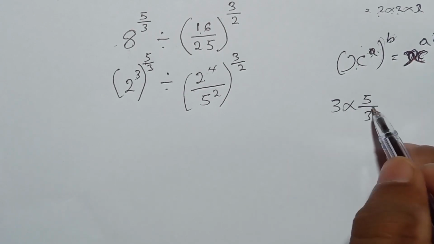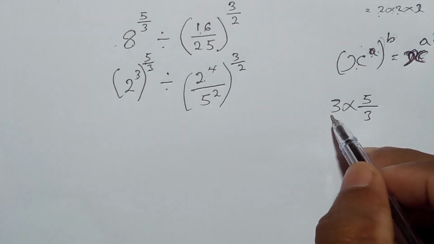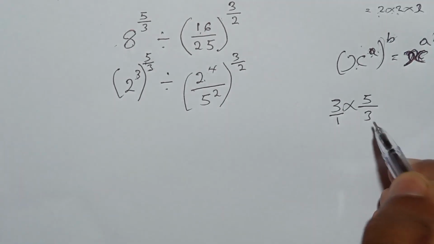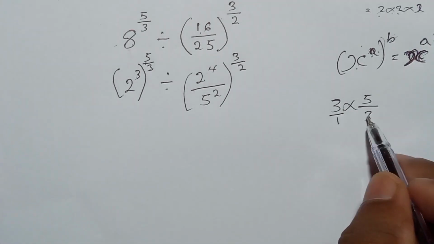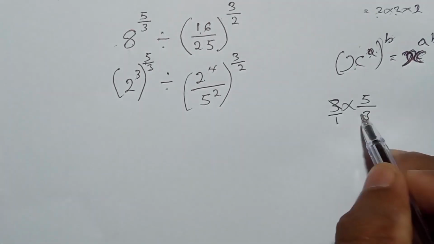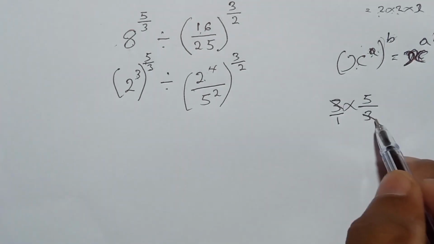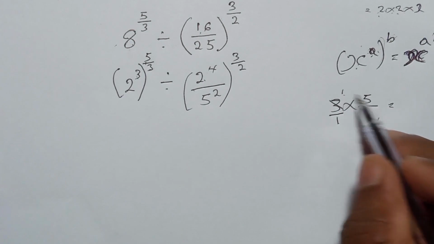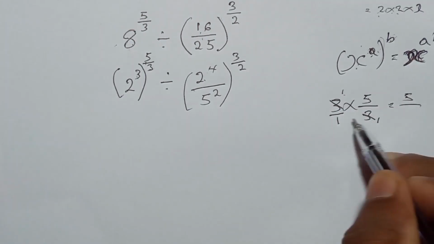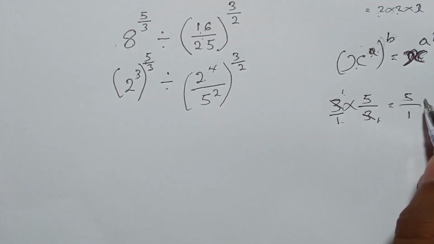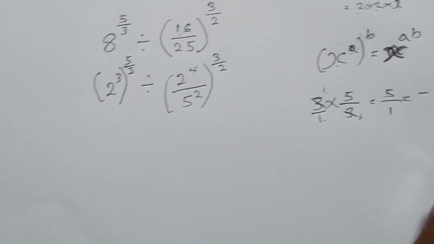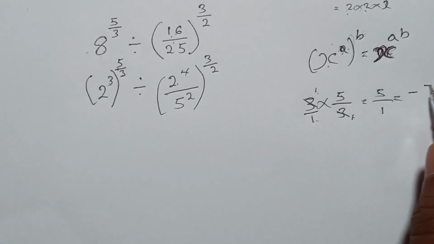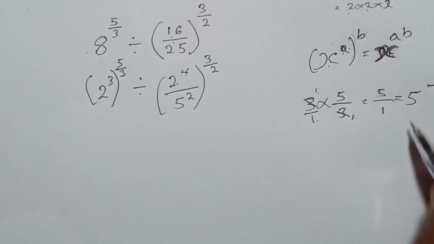Now how to multiply these two? In this 3 you can think the denominator is 1. Now you can cut 3 and 3. How many 3s are there in 3? 1. How many 3s are there in 1? 3. So the answer is 1 into 5 is 5, 1 into 1 is 1. That means basically it is 5.